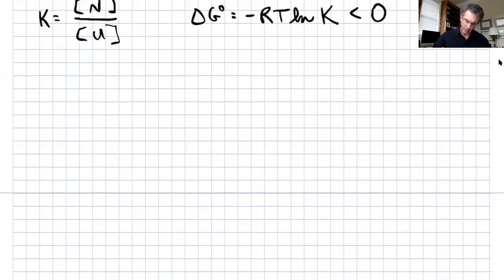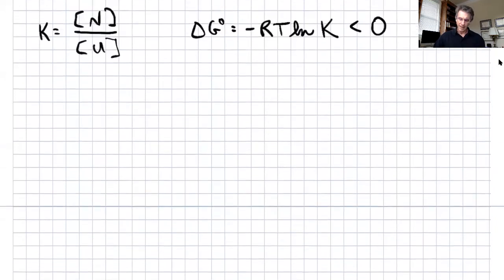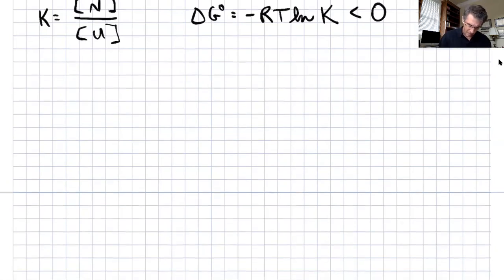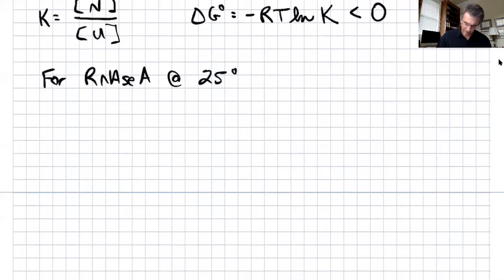Kind of like we've done at least once before, we can break that free energy down and look at the constituent underlying components of the Gibbs free energy and get some really interesting mechanistic insight. So when we do that for RNase at 25 degrees C, you see the following.